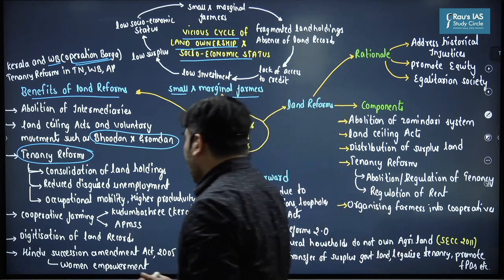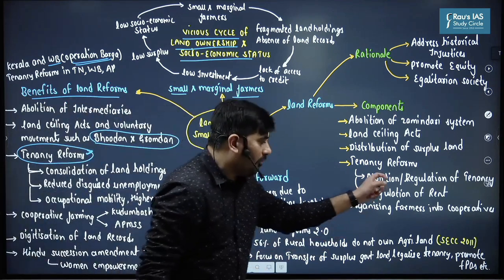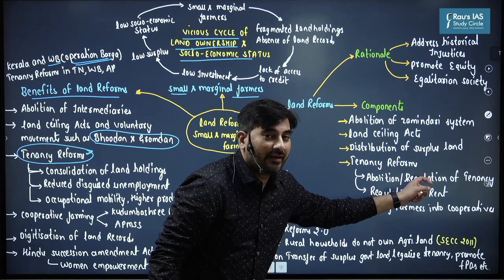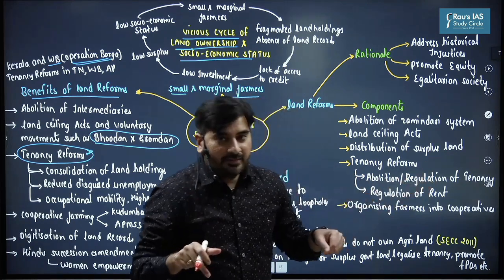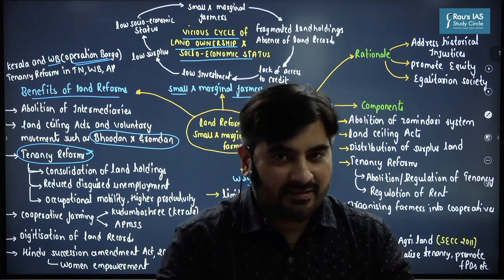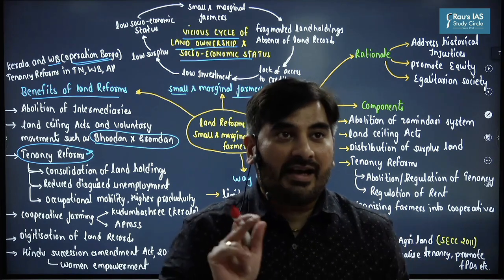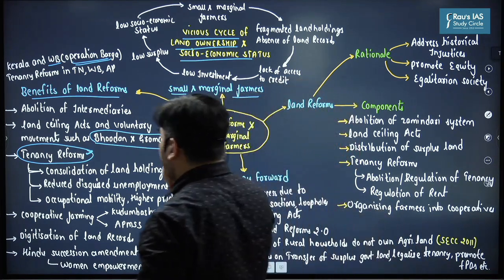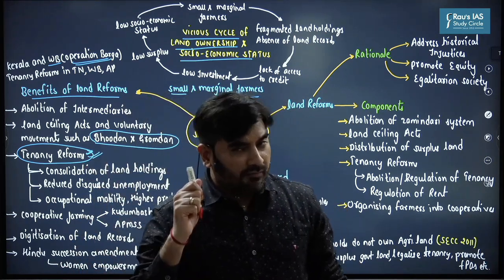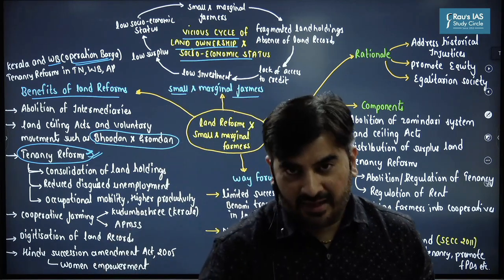Apart from that, as I said, with respect to tenancy, some states have either abolished tenancy and some states have regulated the tenancy. They have legalized tenancy. And in whichever states tenancy has been legalized, it has immensely benefited the small and marginal farmers. That is why I say the most important point in the answer would be with respect to tenancy reforms. Question is, which states have legalized tenancy in agriculture land?